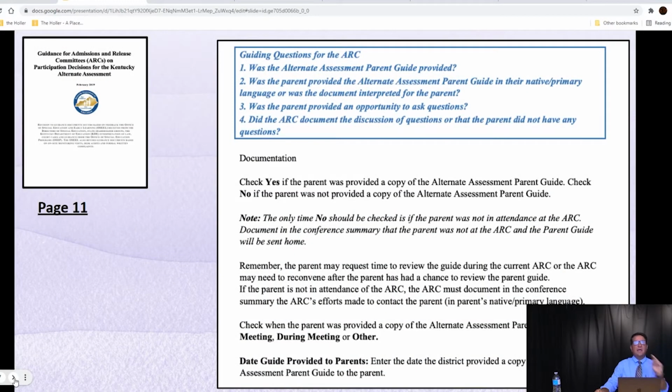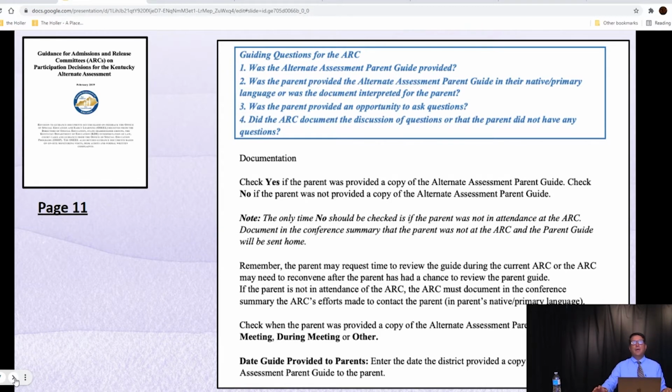So you can see the guiding questions that are in your guidance document around this first participation guideline. Was the alternate assessment parent guide provided? Was that given to them in their native language? Did they have an opportunity to ask questions, and did the ARC document the discussion of questions, or that the parent did not have any questions?